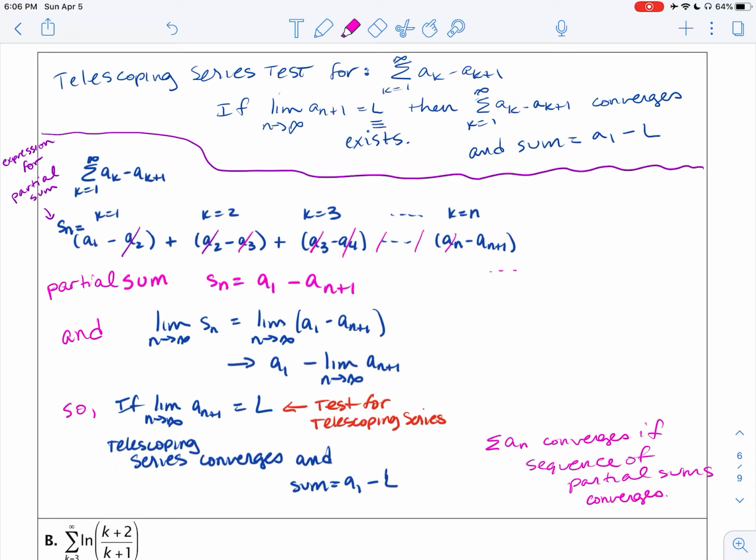If that limit actually exists, then the sequence of partial sums converges to a_1 minus L, and that would be the sum of the series. If the limit of a_{n+1} does not exist, then the limit of the sequence of partial sums does not exist, and then we would have a divergent series.